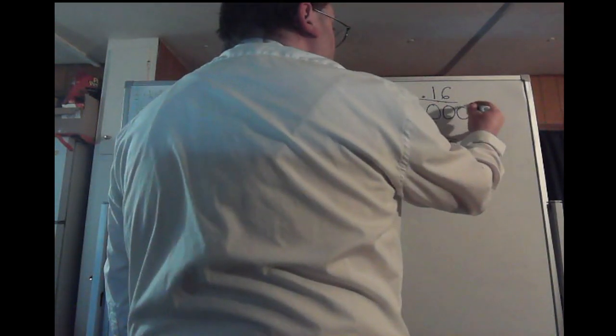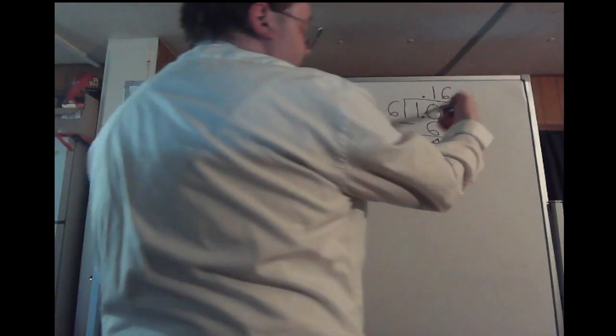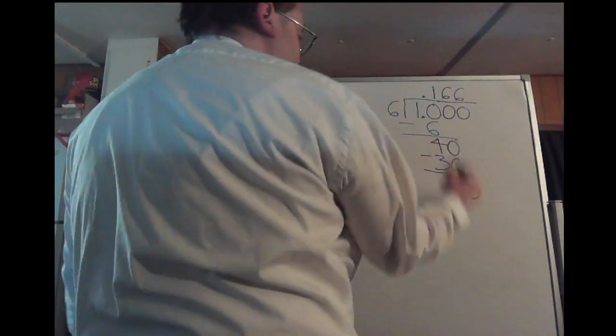Still have a remainder of 4. Let's tack on another 0 in the dividend and bring that 0 down. 6 goes into 40 how many times? Again, 6 times. 6 times 6 is 36. 40 minus 36, well that's 4.